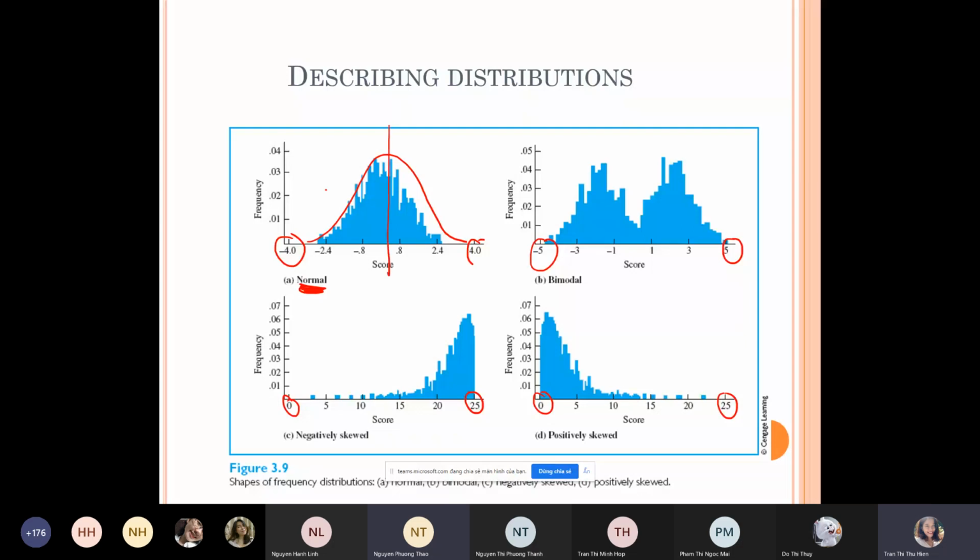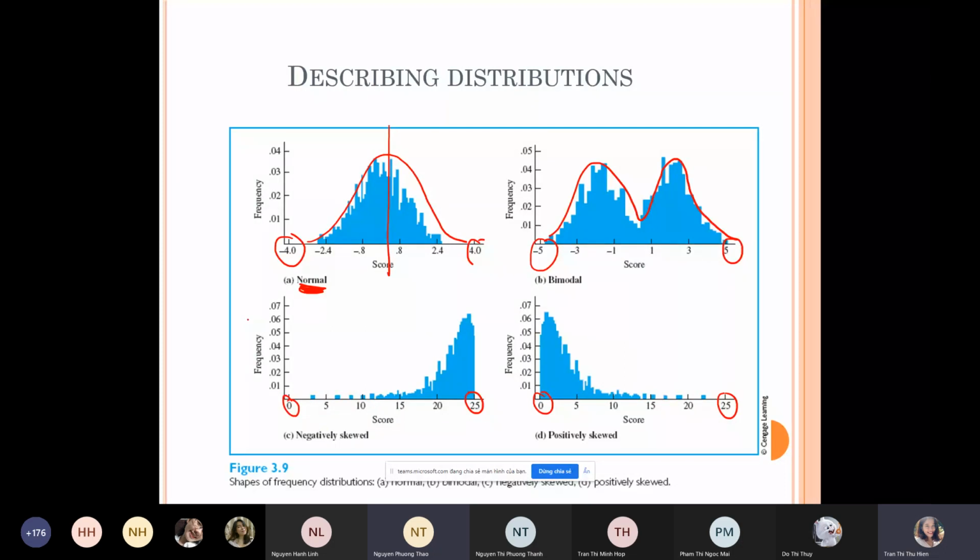And the second picture is bimodal. Bimodal means that you have two bell shapes like that.